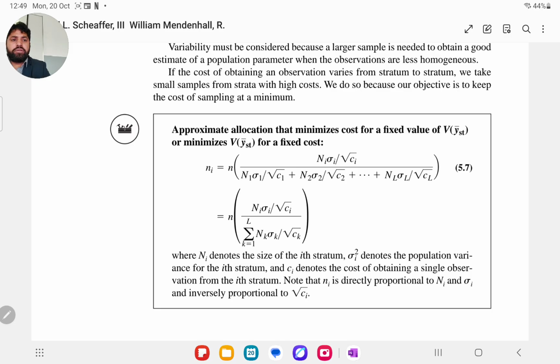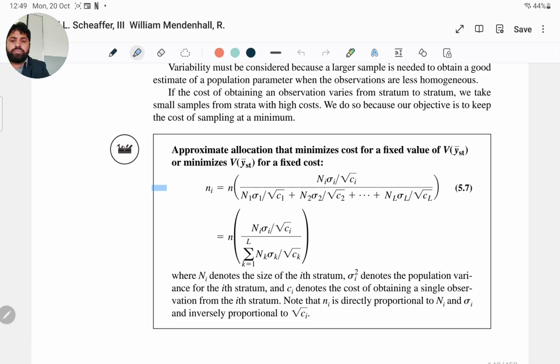If you could see this one, basically it is depending upon the formula where we have studied Ni is equal to N Ai. So the point is that here you have N and Ai, so all this part is called Ai.